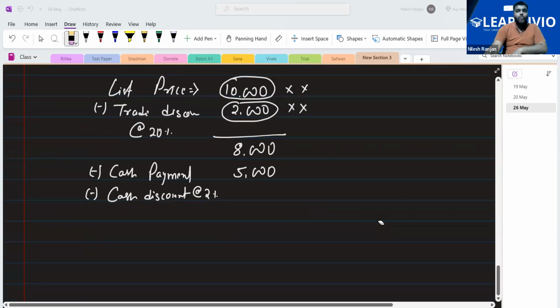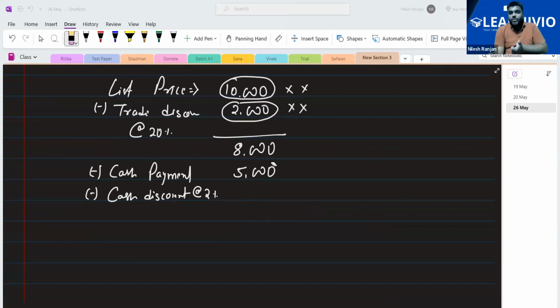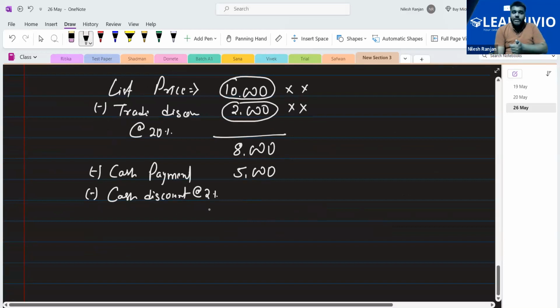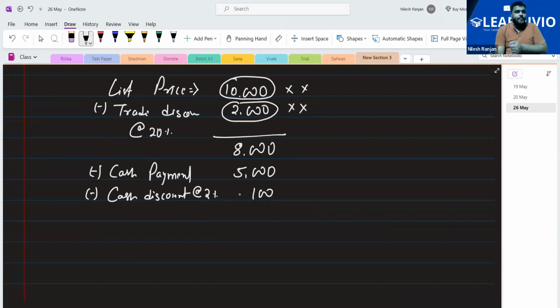So whatever the amount of cash payment or receipt in the question, we have to calculate on that amount. It will not be calculated on 8,000 because it is not paid fully. We have paid only 5,000. So we will calculate this 2% on 5,000. It will be 100.